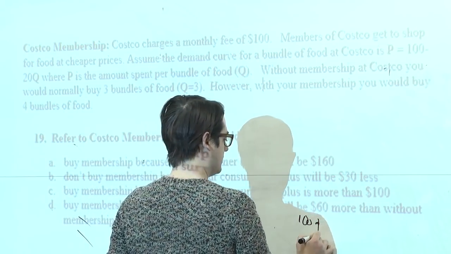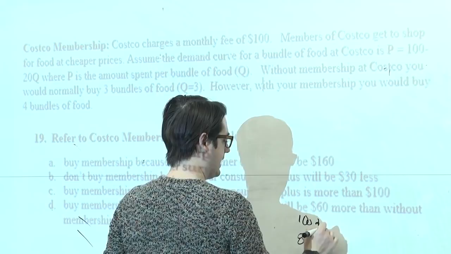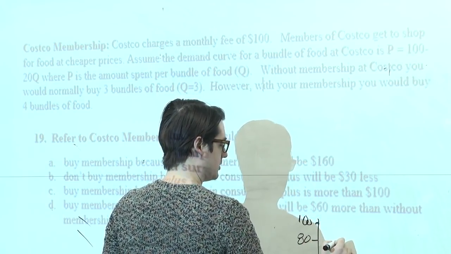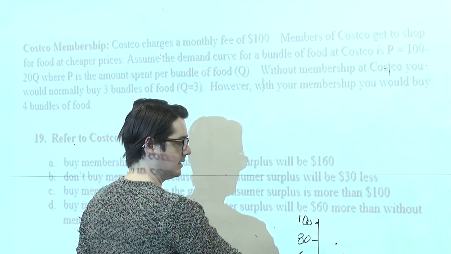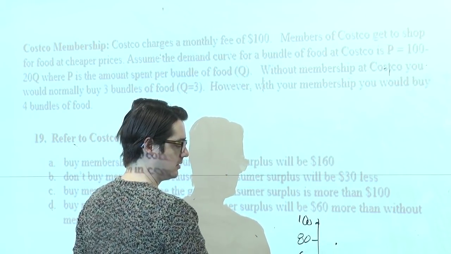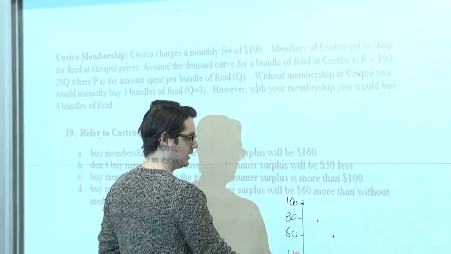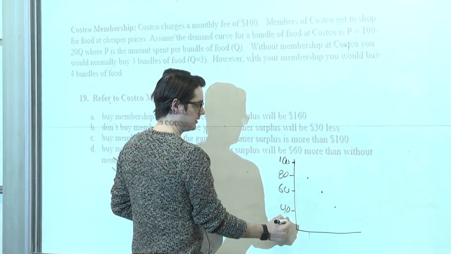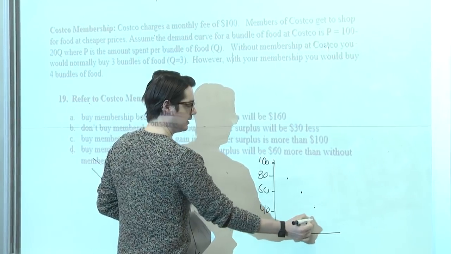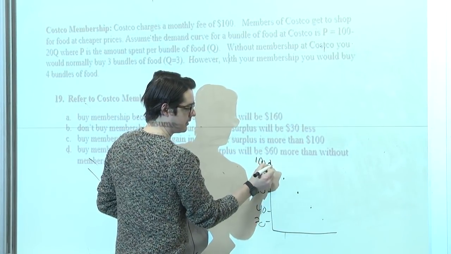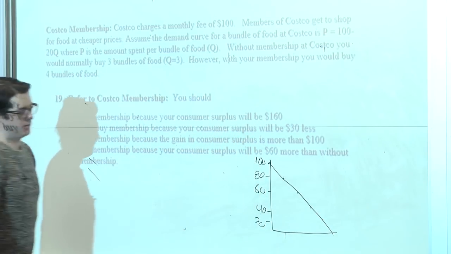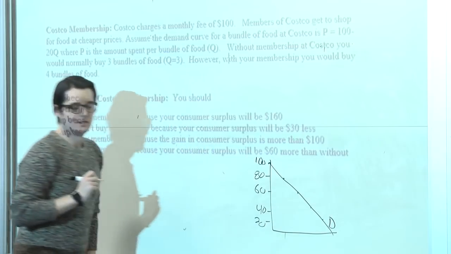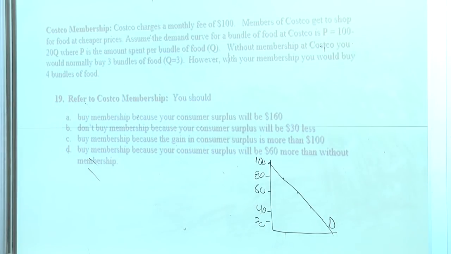So if we go down to 80 and then over to 1, down to 60, over to 2, 40, over to 3, and 20, over to 4. All right, there is my squiggly demand curve. All right, so we've drawn our demand curve.